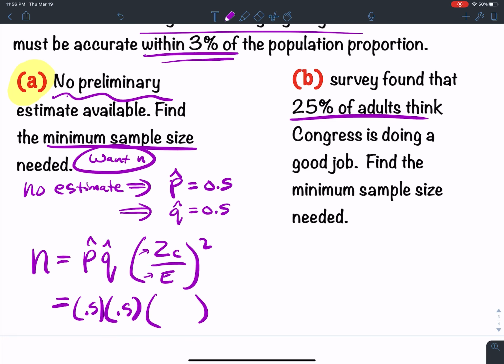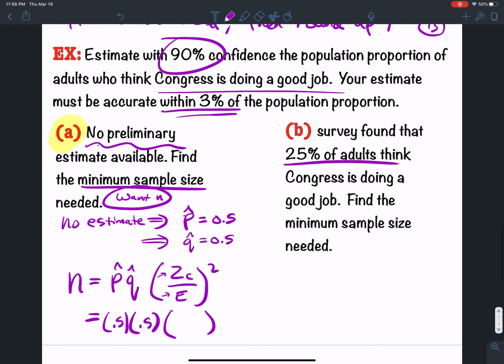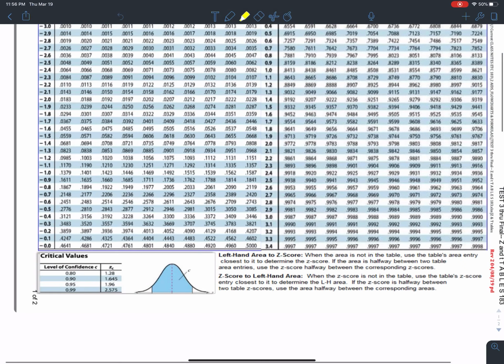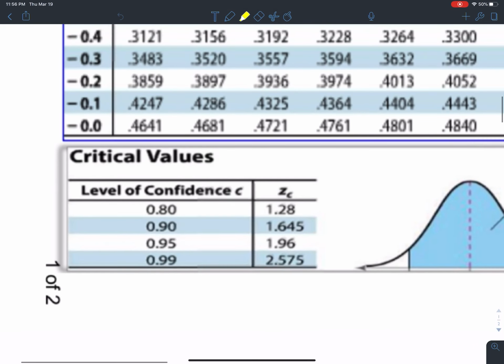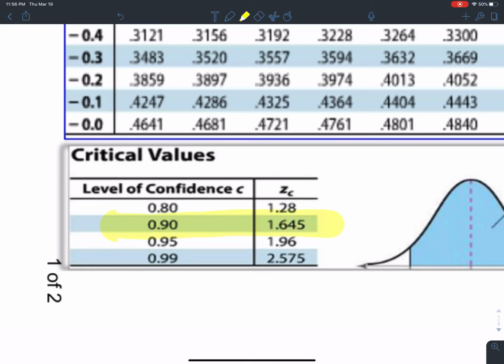So z_c, 90%. I go to my table and I look up 90% confidence. What is 90% confidence? That's 1.645. Told you that'd be an important one. 1.645.